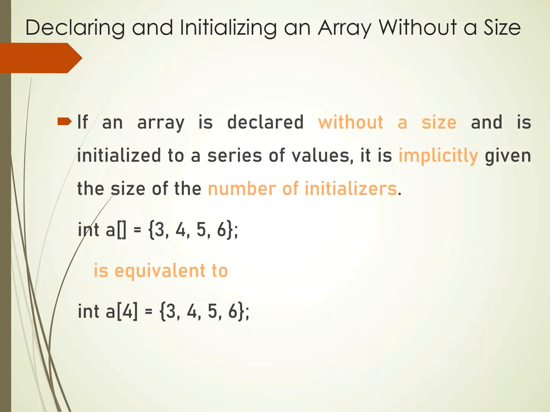For example, int a[] = {3, 4, 5, 6}; semicolon, that is equivalent to int a[4] = {3, 4, 5, 6}. So empty square brackets are also valid.